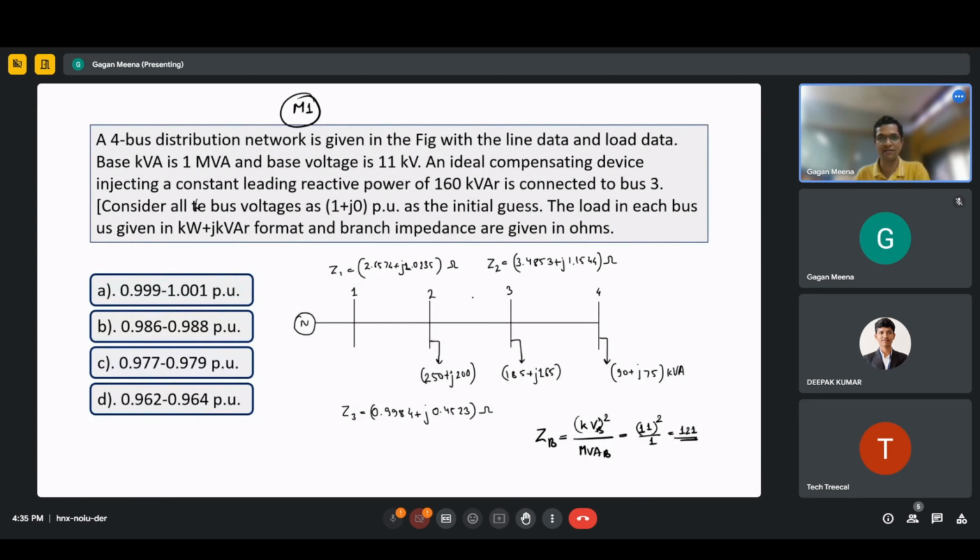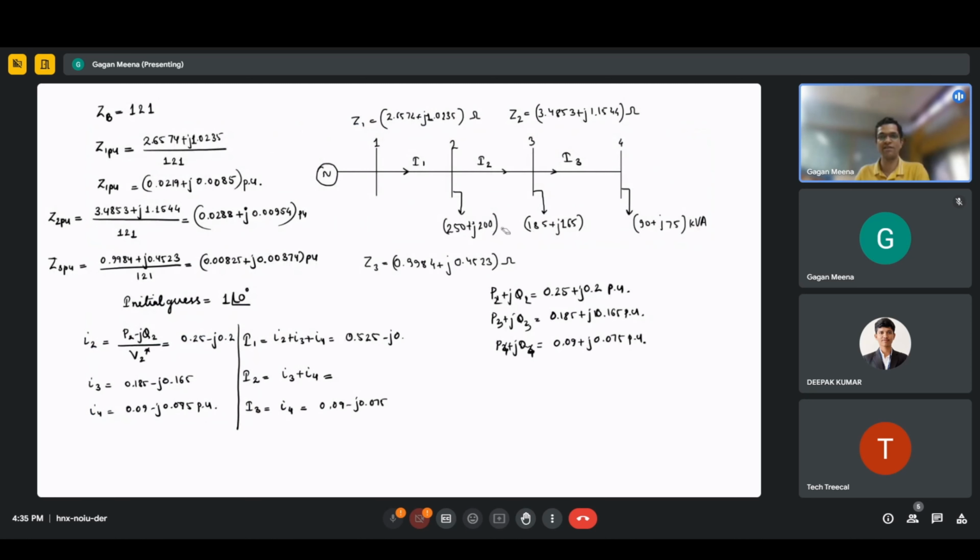Here we forgot to take the capacitor. One capacitor is also connected, so what we were doing is without the capacitor. This is 160 kVAR, which we have to subtract.